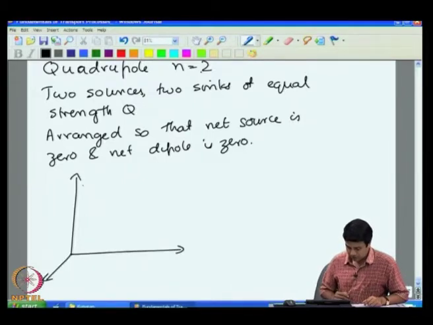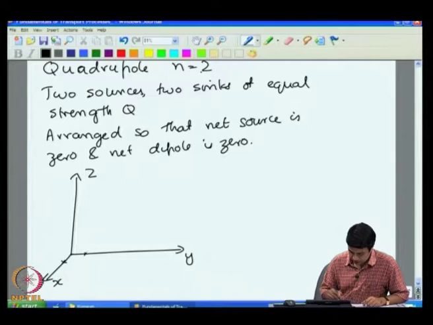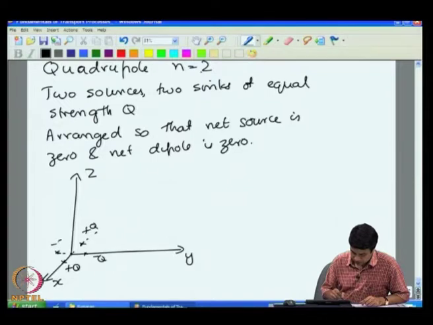The first one is when you have sources and sinks along the x and the y direction. So, you can have plus q, minus q, plus q and minus q.